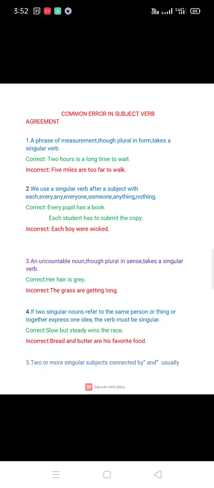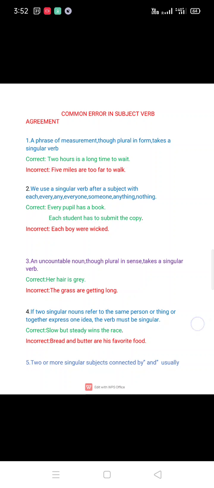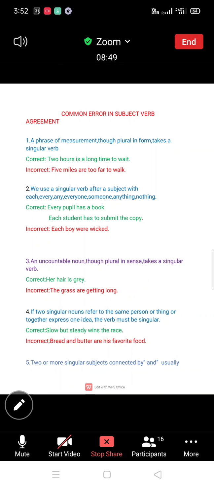There are 1, 2, 3, 4, 5. Can you see? I think you have zoomed. Okay, it was a problem on my screen.